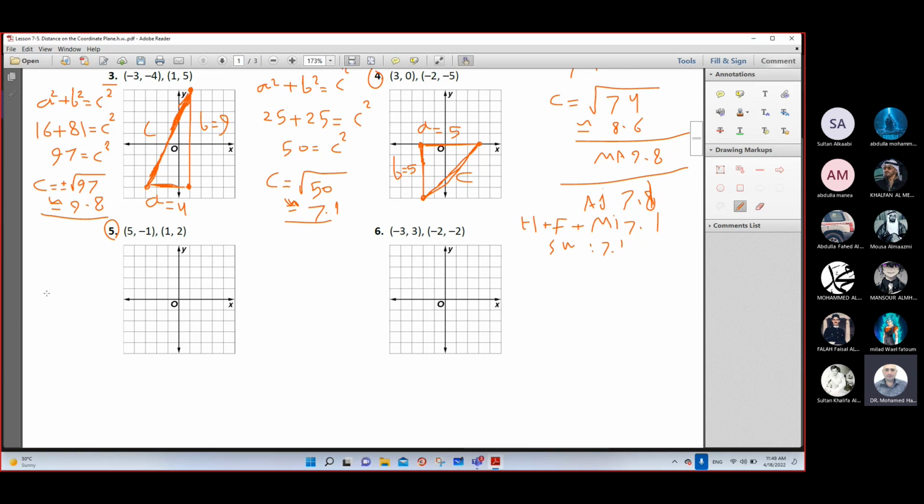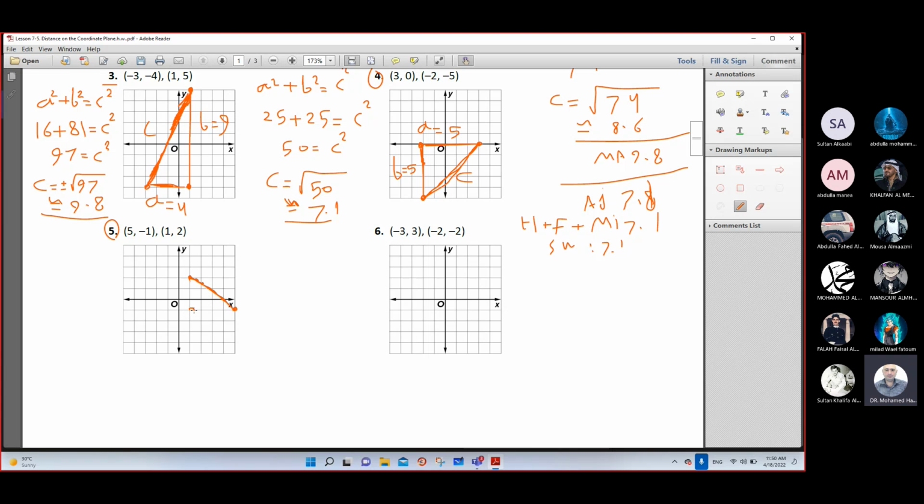Number 5. 5 minus 1. And 1, 2. So the distance will be here. Continue to create right triangle.